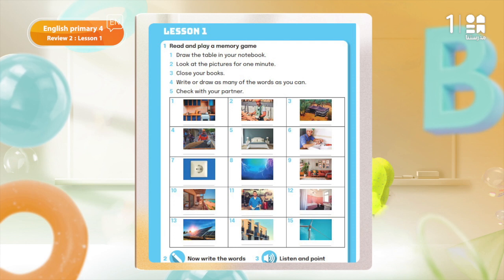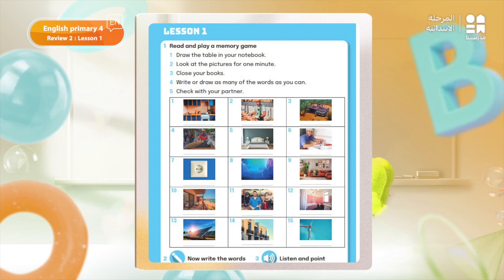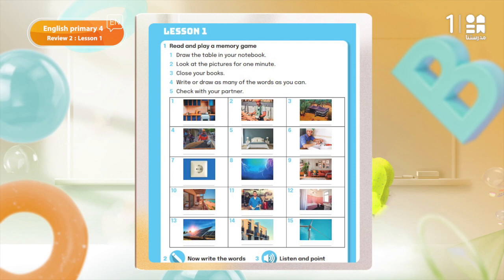1. Kitchen. 2. Builder. 3. Tent. 4. Garbage collector. 5.